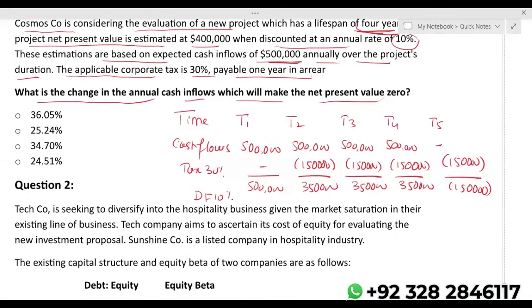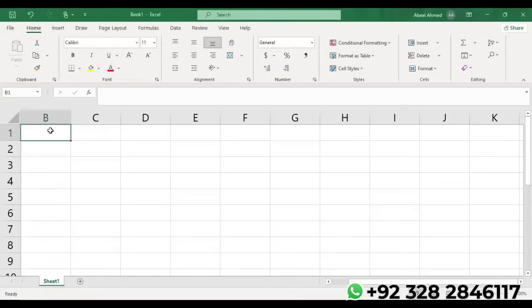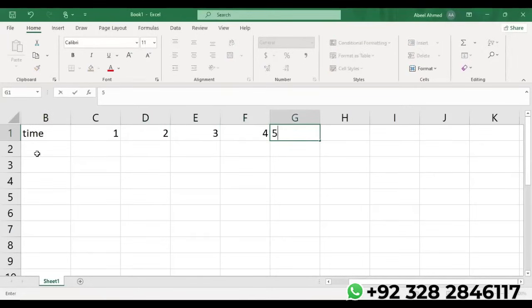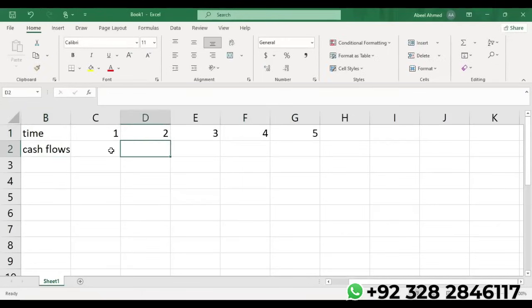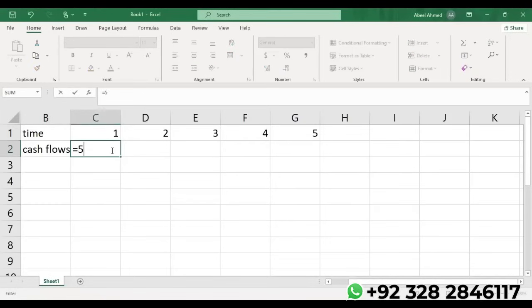Let me pause the video so that it should not be unnecessarily long. T1, 2, 3, 4, and 5. Cash flows: first year it is 5 lakh.